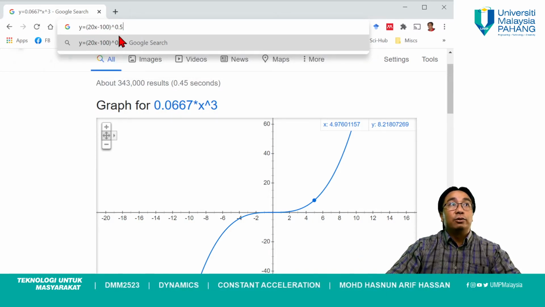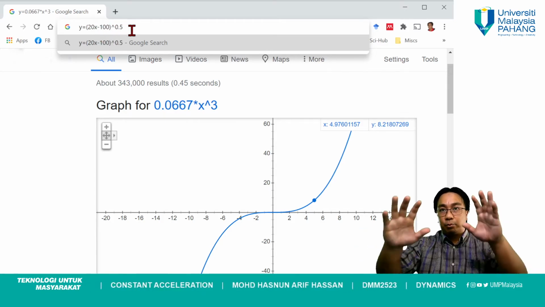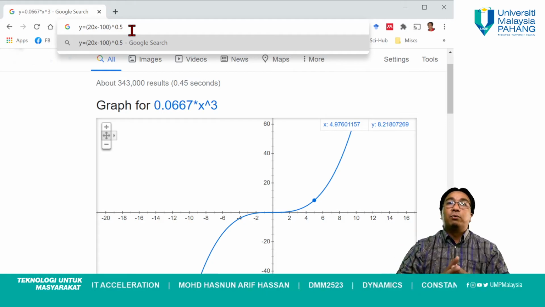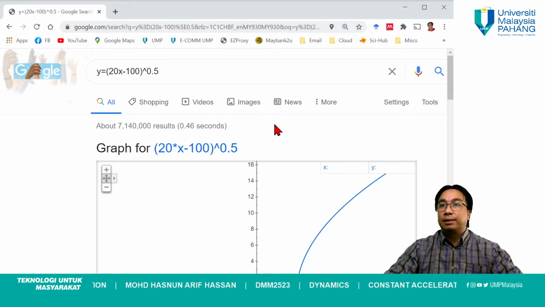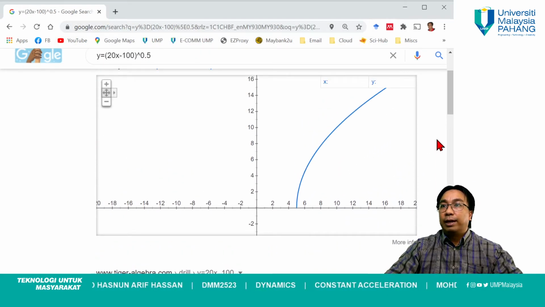So this is what you should write. Y is equal to 20x minus 100 dalam kurungan besar in bracket to the power of 0.5. When you press enter, okay, so you know that the graph should look something like this lah.